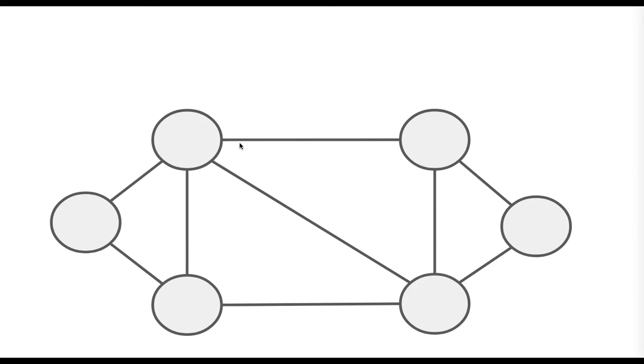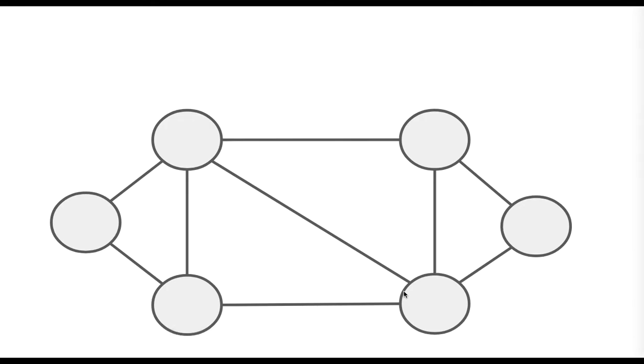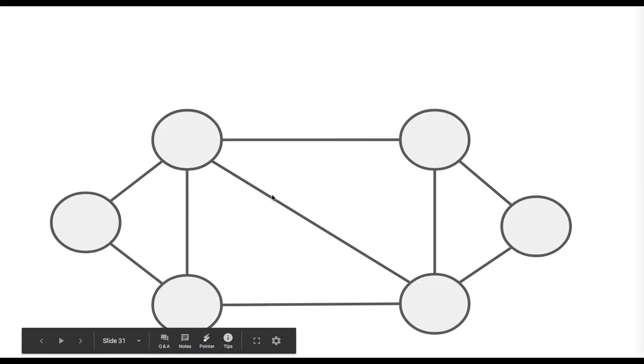This is a graph where it costs the same amount going from this node to the next node, and from this node to this node, the same amount of effort. But we can say these nodes represent towns on a map, and the edges are roads in between them.